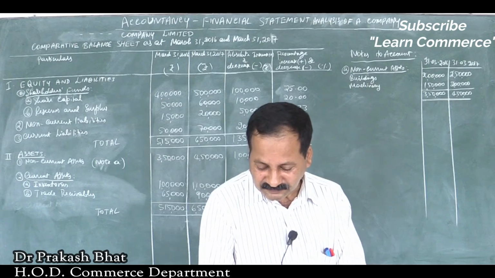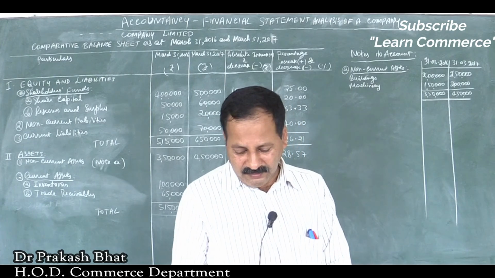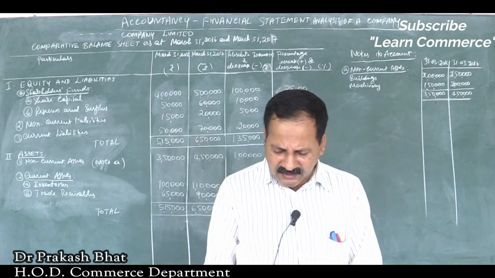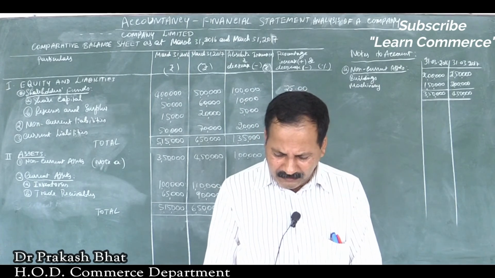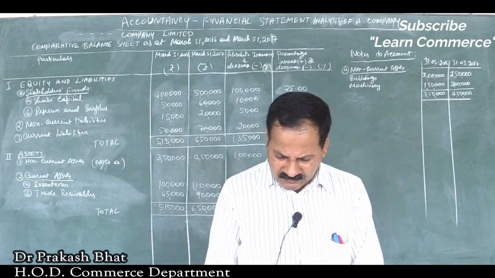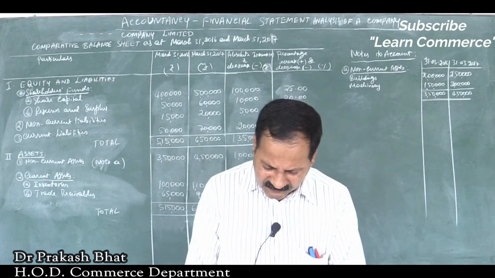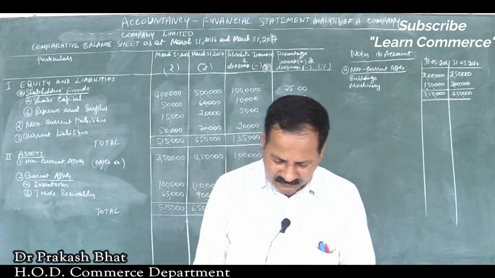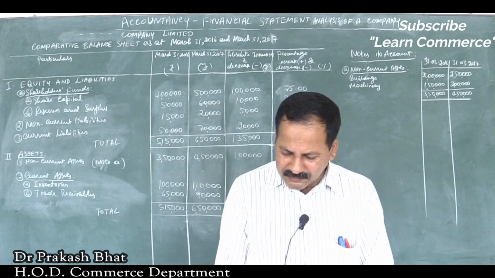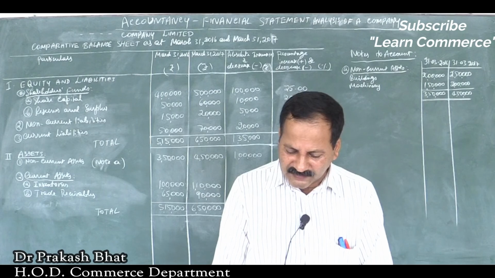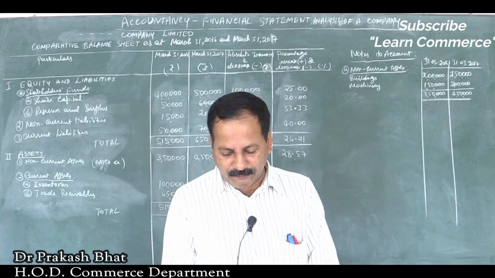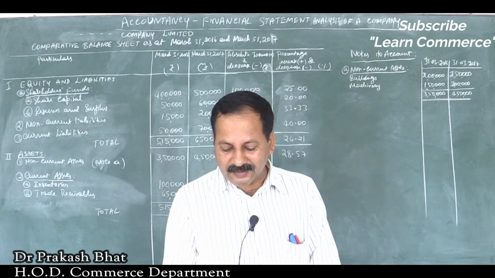That's all. We'll take up the other problem, that is common size balance sheet, in the next class. I think one more comparative balance sheet is there. First, second one is common size. Third one is common size balance sheet. Then the fourth one is again a comparative balance sheet. Third one, page number 116, if you refer, is Sunstar Company Limited.